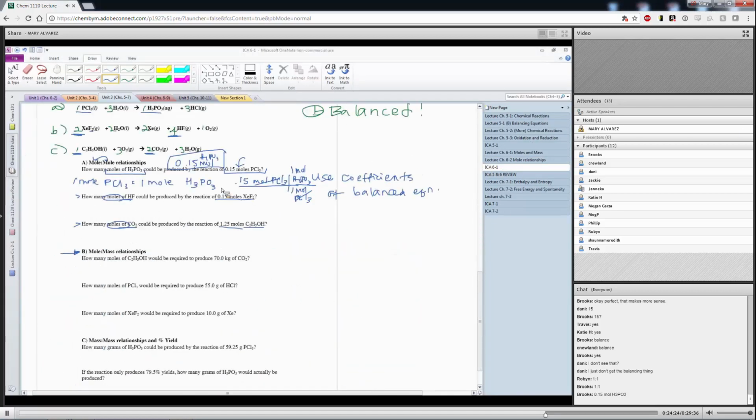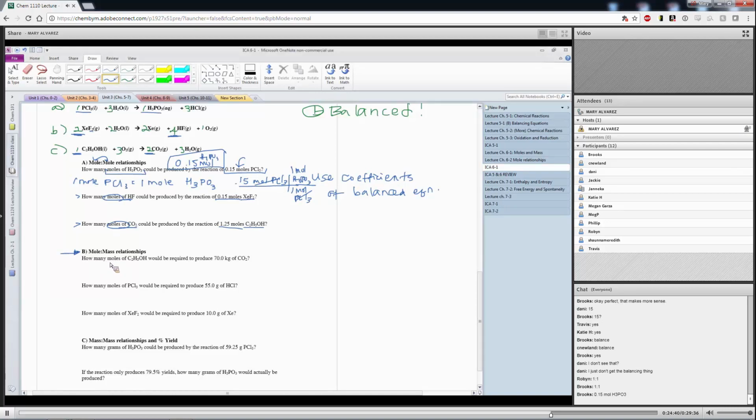So I can ask you to take an extra step and convert from mass to moles before you do this conversion, or convert to moles to find out what the total mass would be. So let's do this one together.